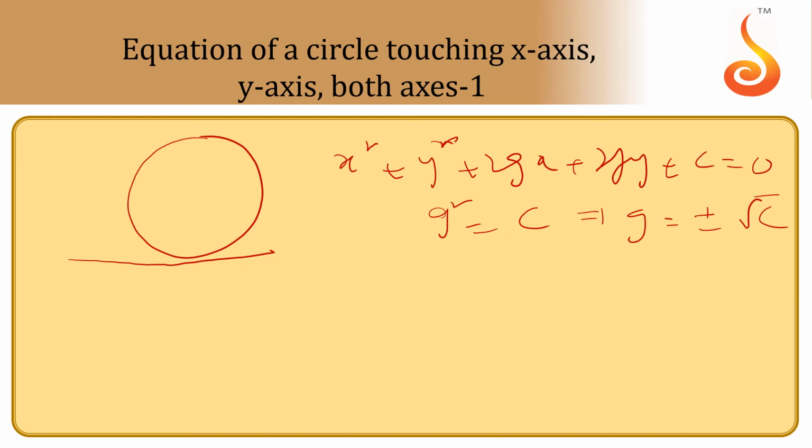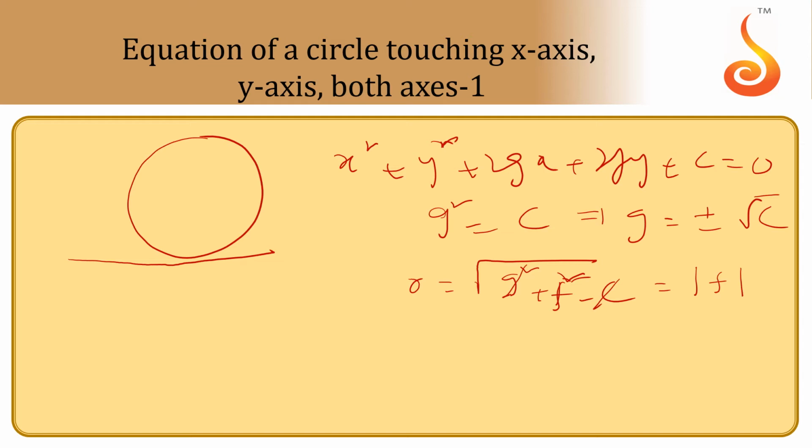Then what will be the radius of the circle? R equals root of g square plus f square minus c. Since g square is equal to c, the radius will be mod f.